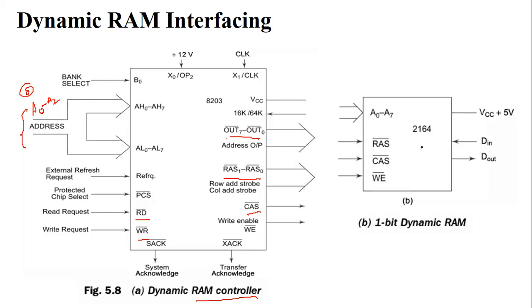This is how a 1-bit dynamic RAM, one cell, is structured. The 8 address lines are connected to the pins, for the row address and column address. This is the power supply, and there are data in and data out.